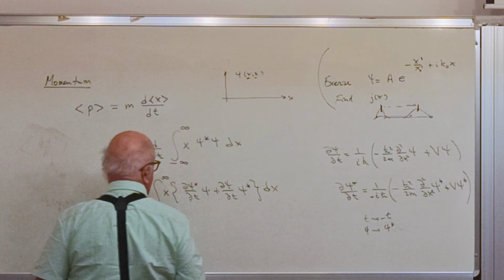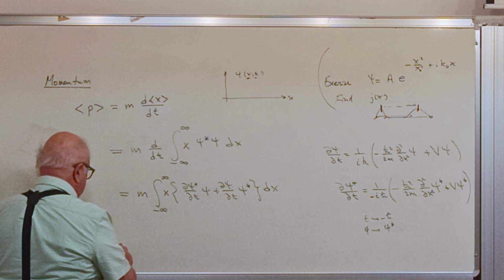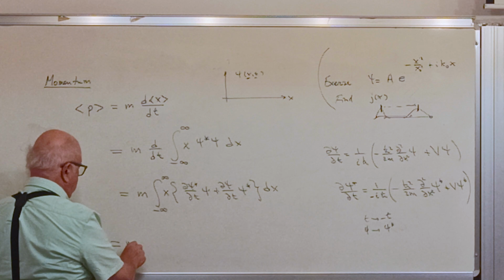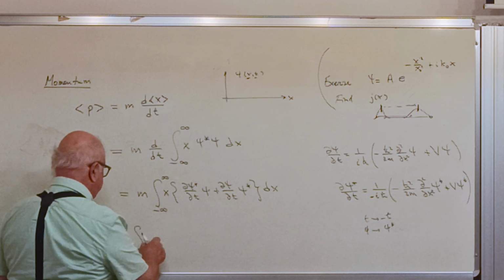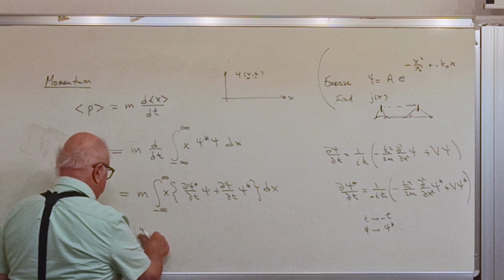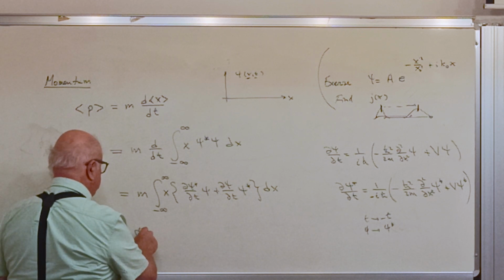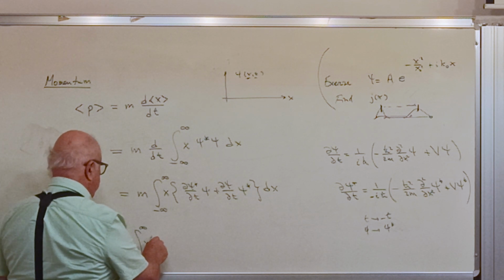Okay, so let's now write this down. We'll go through this algebra again. It is a little bit tedious, but we have to do it. That's life. So, integral from minus infinity to infinity, dx.